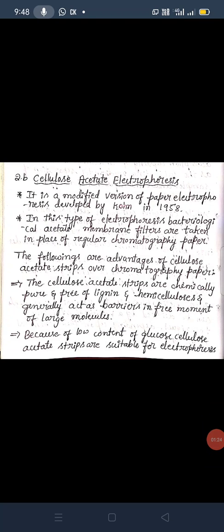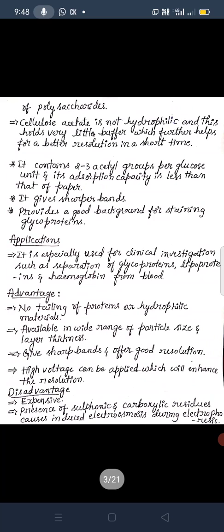The advantage of cellulose acetate strips over chromatography paper is that they are chemically pure and free of lignin and hemicelluloses, which generally act as a barrier to the free movement of large molecules. Because of the low content of glucose, cellulose acetate strips are suitable for electrophoresis of polysaccharides.